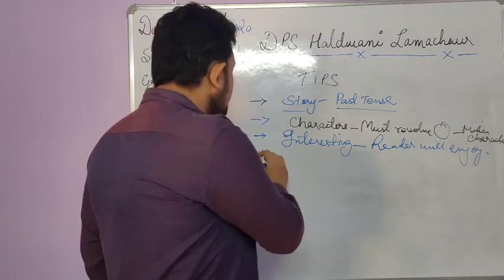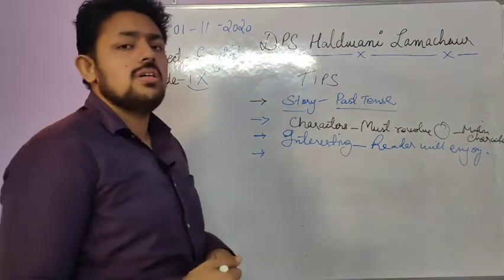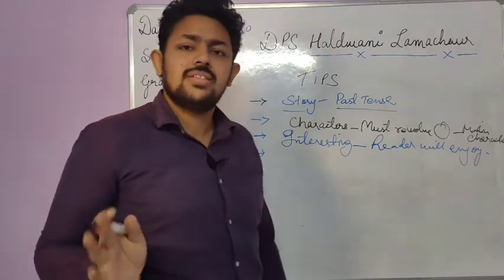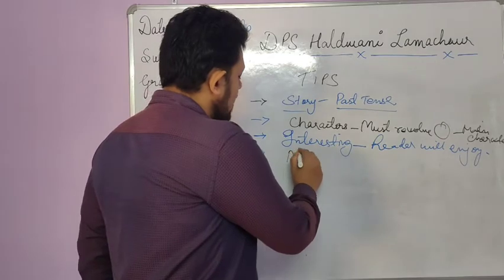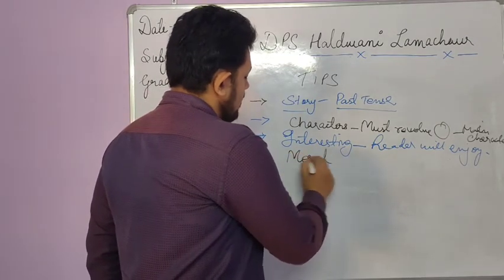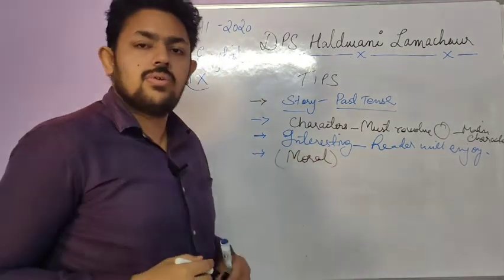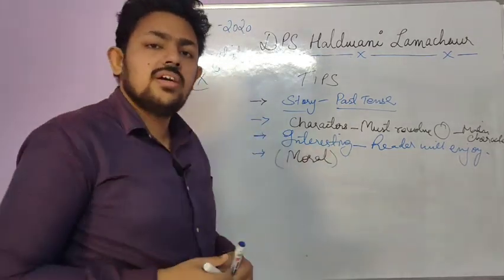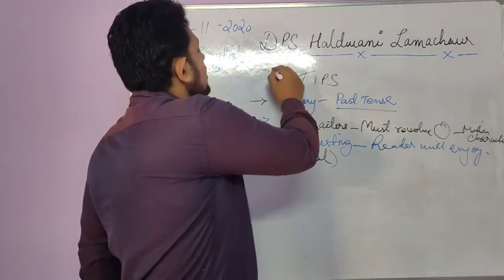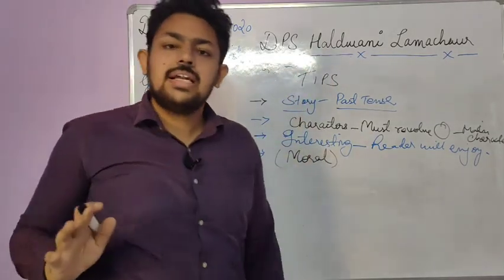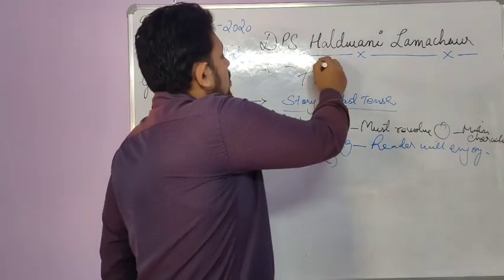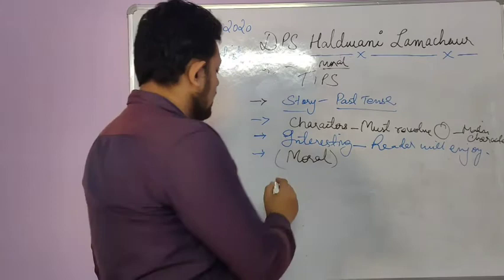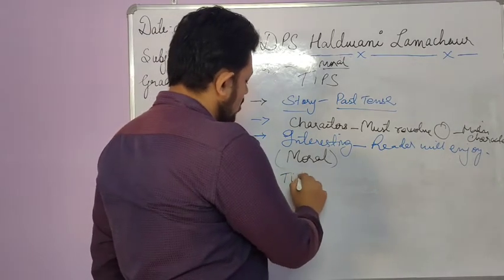One more important tip, the story must not be boring, and it must have a moral. A moral must be there, something the reader should get. And in the board, in some questions it is written, give a suitable title along with a moral to the story. 1 mark is there for this moral. Okay, so one thing I forgot, title.